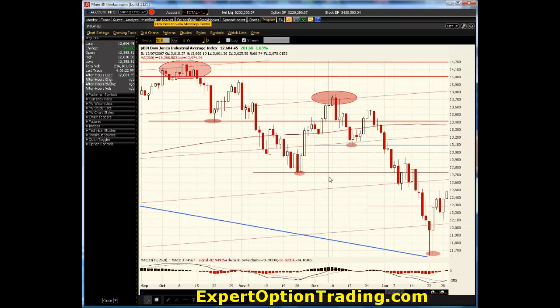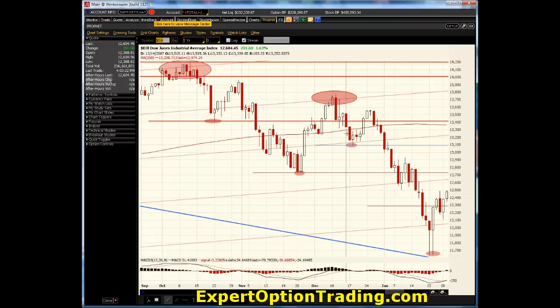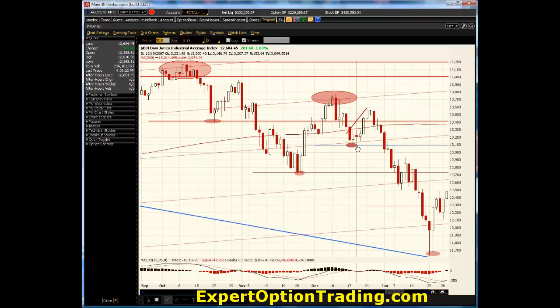Now look what happens when a price continues, when you have a continuation pattern on the downside. Here we have a rounded top. And how would we know whether or not this trend is going to continue? Well, we have a flag.